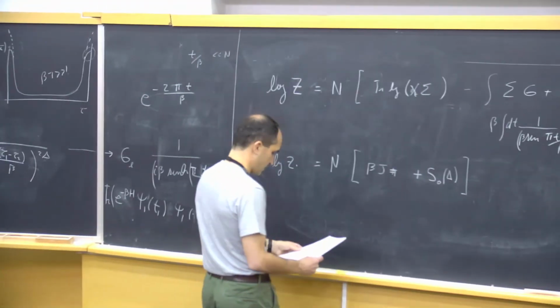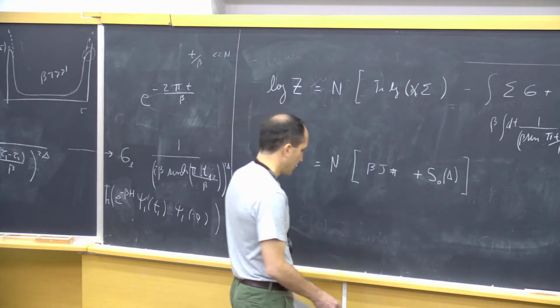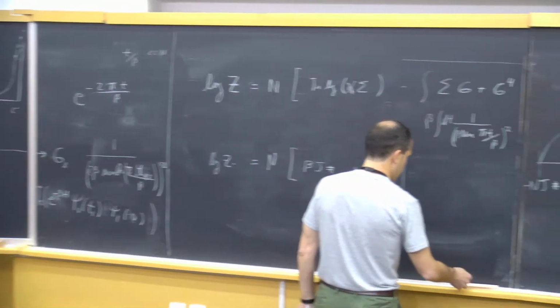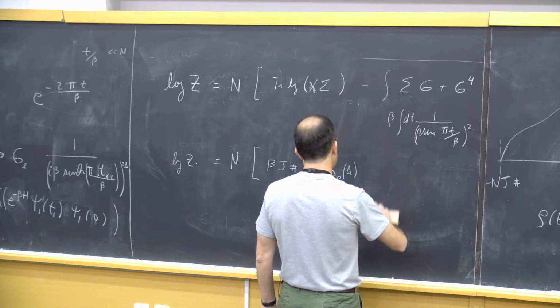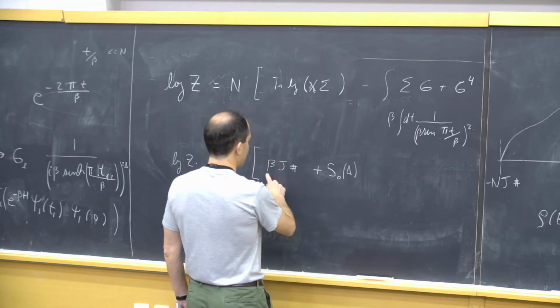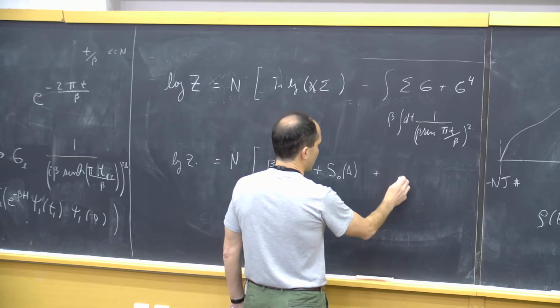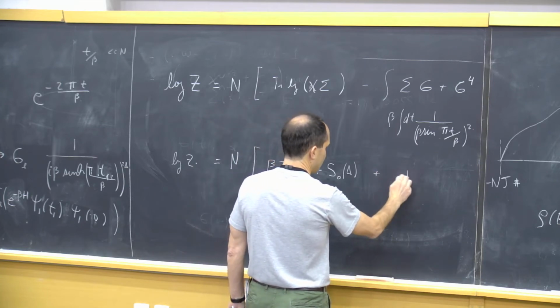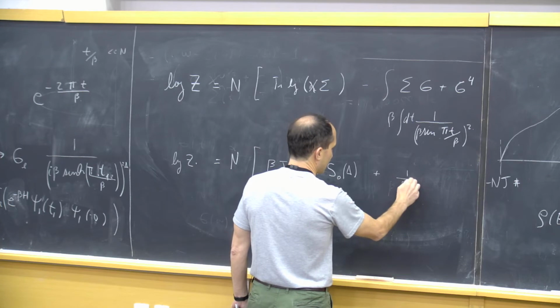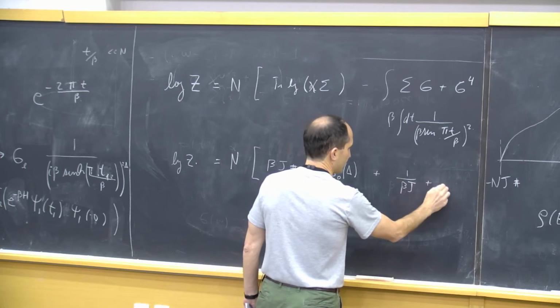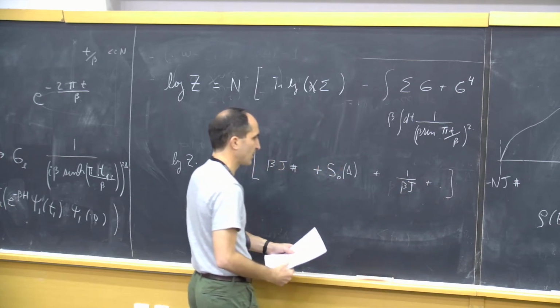So there is this term, and you can view this as an expansion in powers of 1 over j. That's the low energy expansion, and then there is one more term here in the low energy expansion that we'll discuss later. We'll discuss later the origin of this term, but let me just point it out right now.